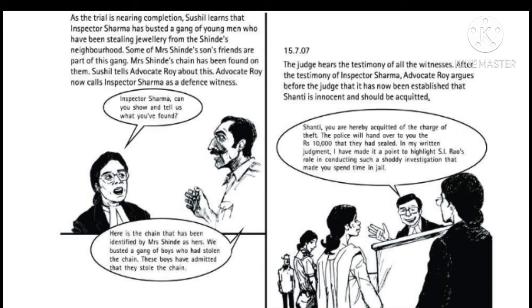Mrs. Shinde's chain has been found on them. Sushil tells Advocate Roy about this. Advocate Roy now calls Inspector Sharma as a defense witness. And after seeing that, the court decided that Shanti is innocent because she is not a thief.